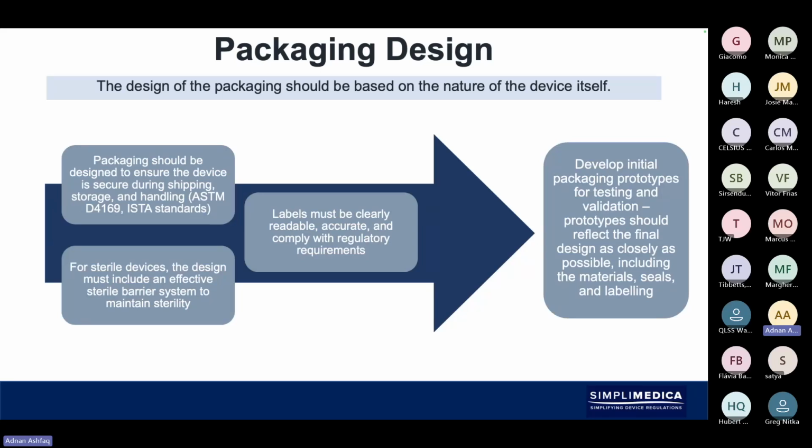If you've got a situation where you're retrospectively validating, which is very often the case, and you're not basically designing and developing, something may have been picked up during an audit that you haven't had adequate packaging validation done. You can also look at historical information and the legacy of the device.